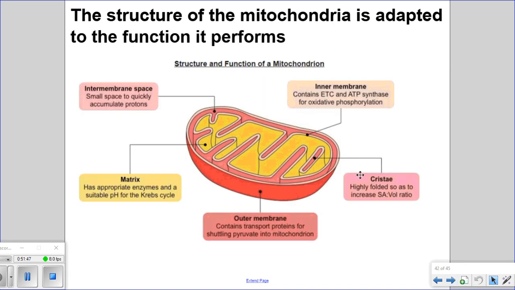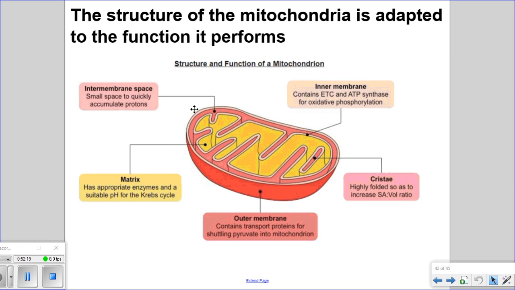So this diagram here just looks at the various structures of the mitochondria. So here we have that outer membrane that contains those transport proteins for shuttling pyruvate into the mitochondria. Here we have the inner membrane that contains the electron transport chain and ATP synthase. Now that inner membrane is highly folded, so that's the cristae, so that increases the surface area.